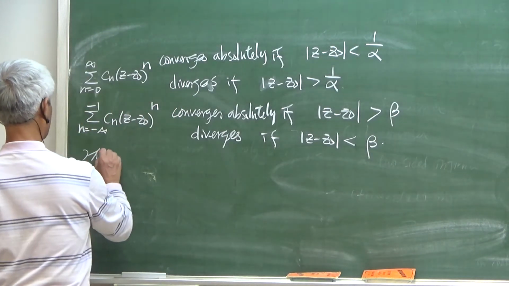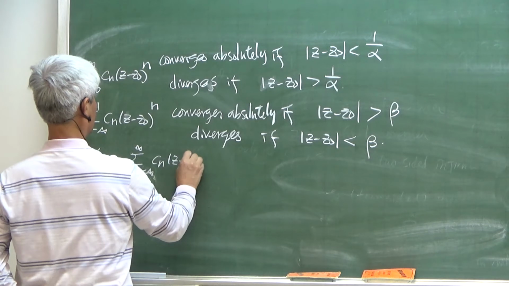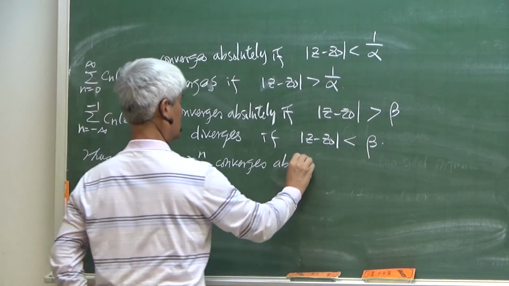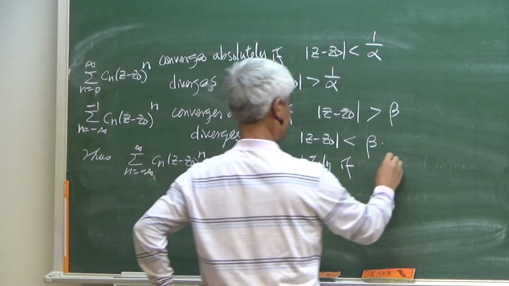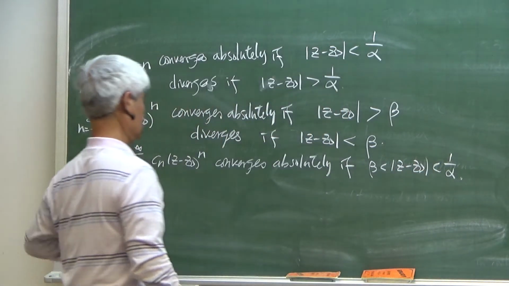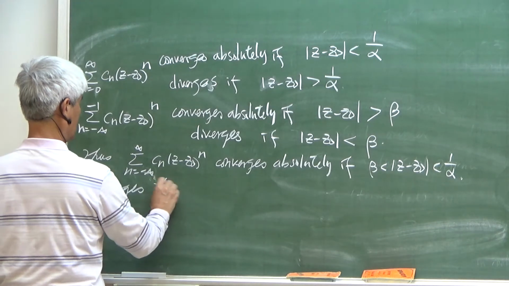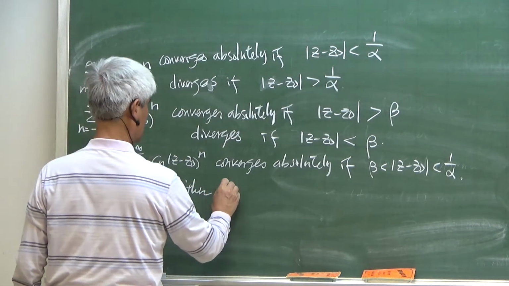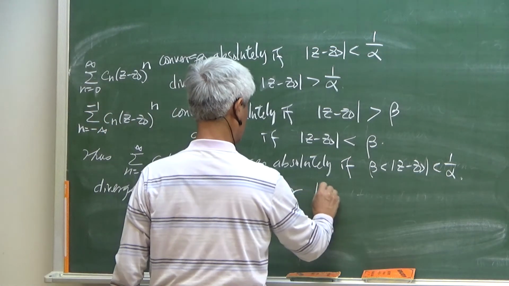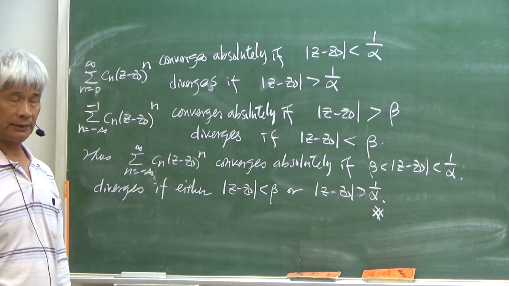So combined together, the series converges absolutely if both conditions hold, and diverges if either fails. Okay, so you have the conclusion there.